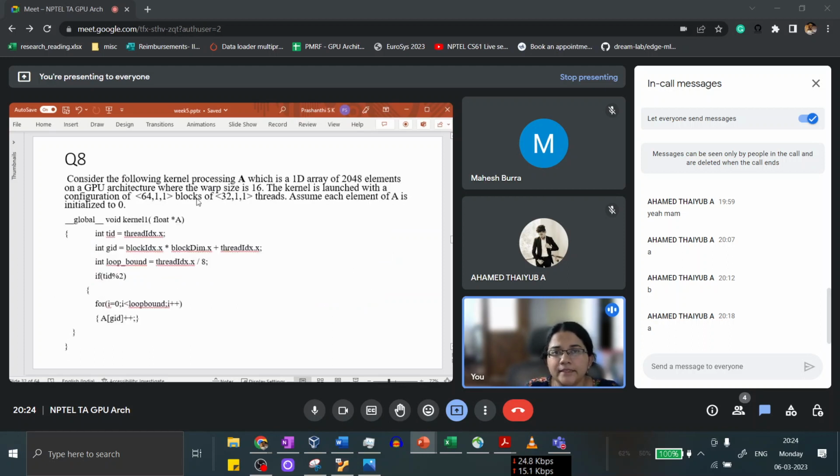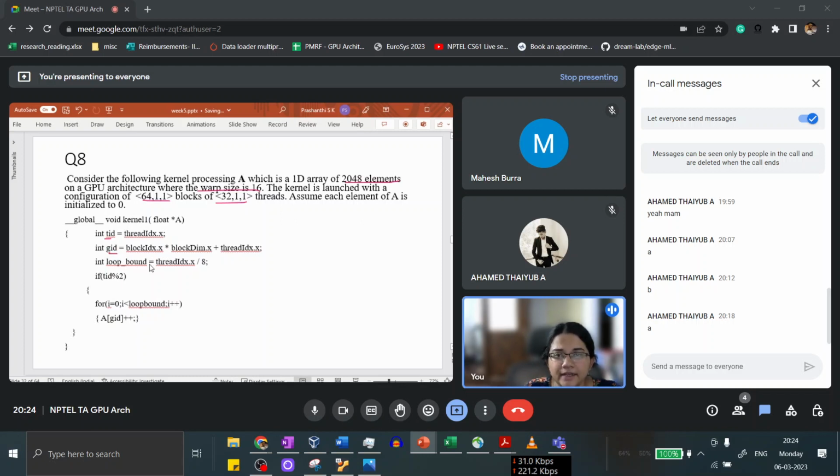Consider the following kernel processing A, which is a 1D array of 2048 elements on a GPU architecture where the warp size is 16. The kernel is launched with a configuration of 64 blocks of 32 threads. Assume that every element is initialized to 0, and this is kernel 1. So you have the thread ID and another statement for the GID.